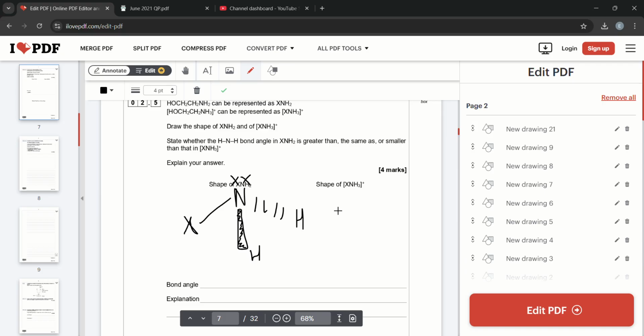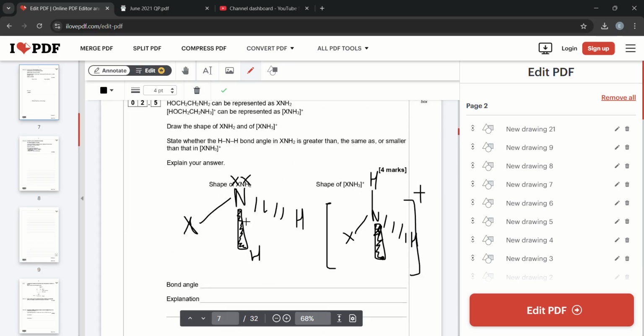And then for XNH3+, we have square brackets, positive charge, X, and the same thing as XNH2. However, it's going to have an extra hydrogen bonded to it. So it's actually going to have no lone pairs of electrons because of this positive charge.